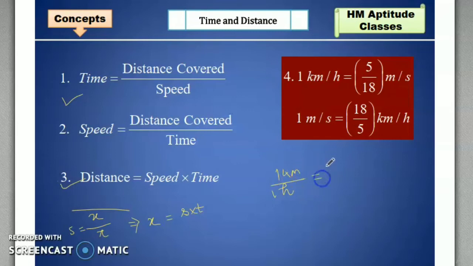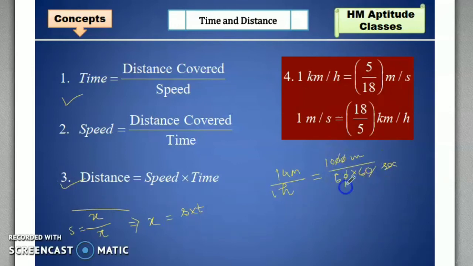We write 1 kilometer equal to 1000 meter, and 1 hour is equal to 3600 seconds, which is obtained from 60 into 60, since 1 hour equals 60 minutes, and 1 minute equals 60 seconds.